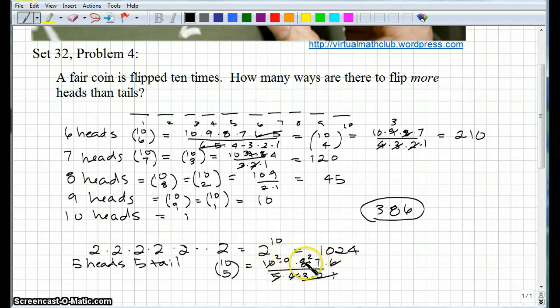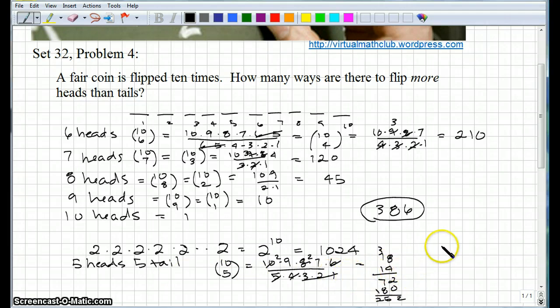So what have I got? I've got 18 times 14, right? So 18 times 14, let's see, that's 252 ways that we can get 5 heads and 5 tails.